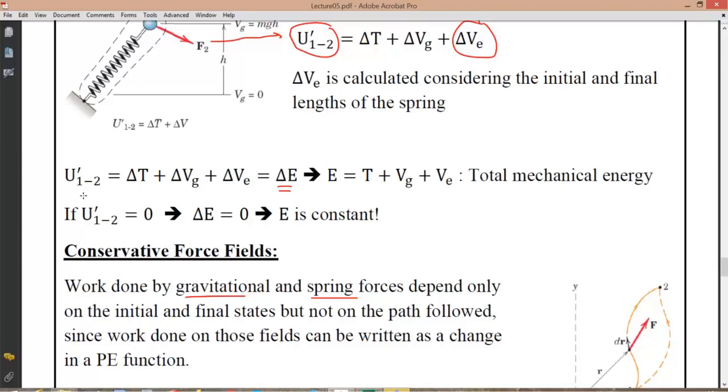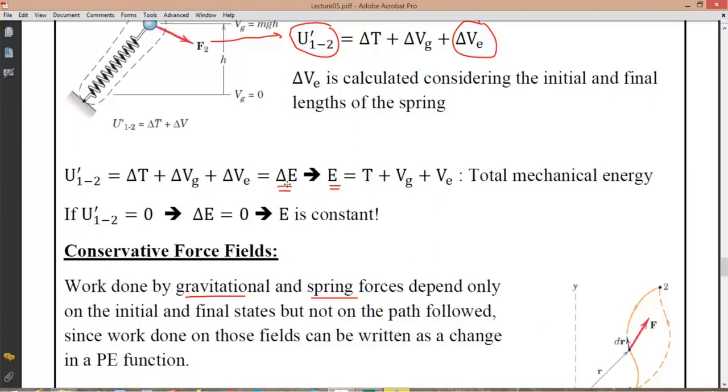So what's being said here is the work done by the non-conservative forces changes the total energy level of the system. So we need to define the total energy in that sense. Total energy of the particle E is equal to its kinetic energy plus its potential energy due to gravitational forces and due to elastic forces. This is called the total mechanical energy of a particle.